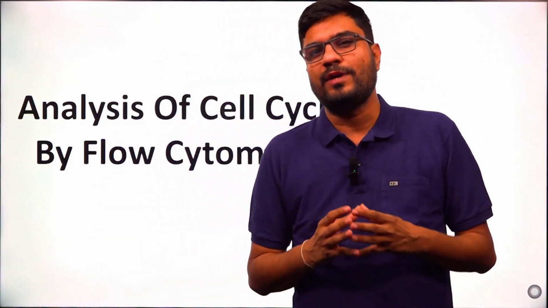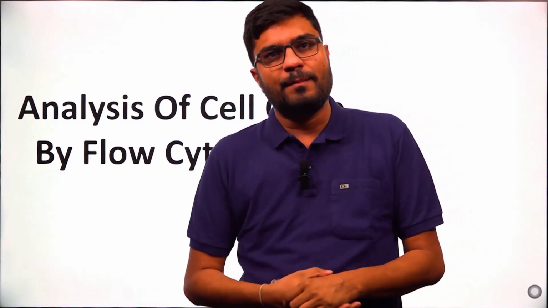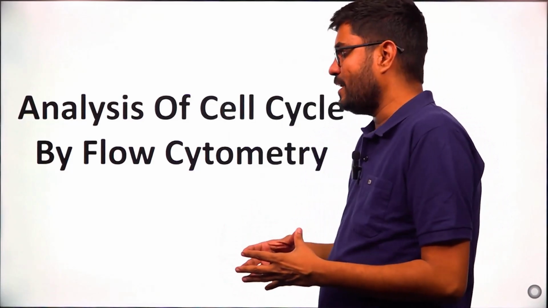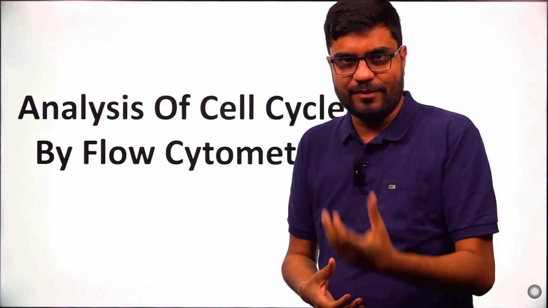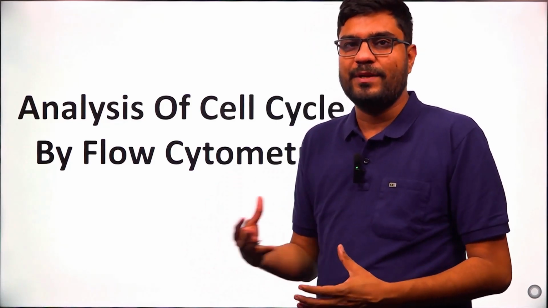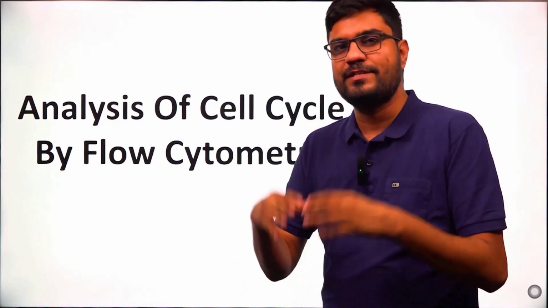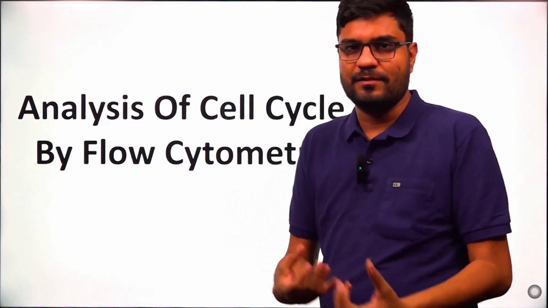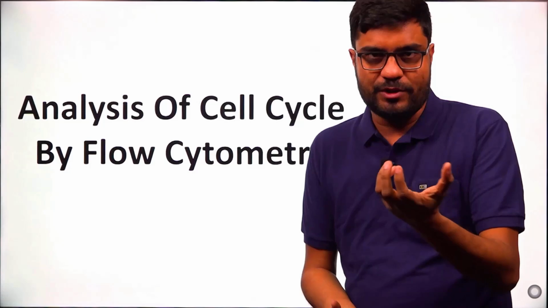I am going to explain mainly the propidium iodide method, by which we can identify how many cells in a given population are present in G1 phase, how many in S phase, and how many in G2 phase, and how we can utilize different situations to understand the effects of different drugs on the cell cycle of a particular cellular population.